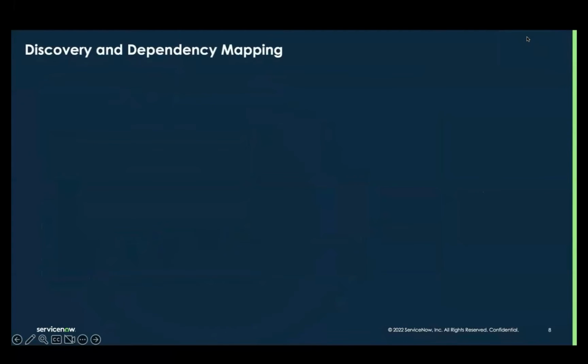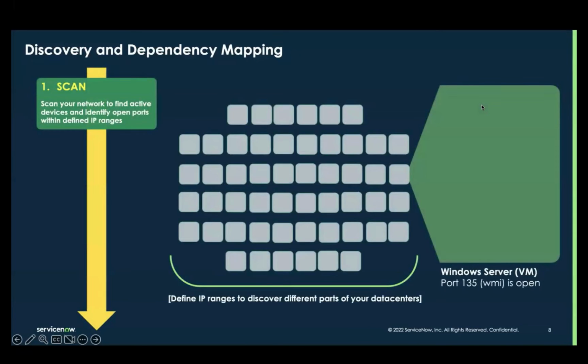Now, for those of you that are not familiar with discovery itself, I will go really quickly through the main concepts around discovery and the dependency mapping and the four main steps of it. Basically, it all starts with the so-called Shazzam probe, right? Where we do the scanning phase, scanning the network and seeing which ports are open, to find the active devices within the defined IP ranges that we want to scan.